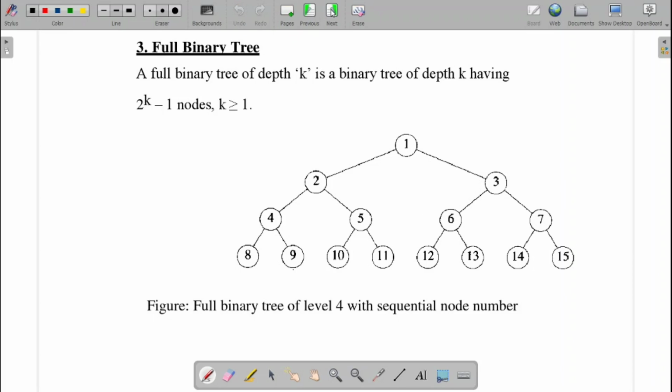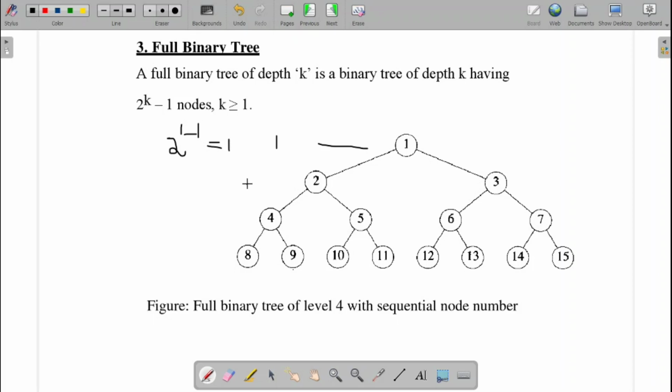Then next one, full binary tree. So the full binary tree means the nodes at each level are complete. If this is my level 1, how many nodes should be there? 2 power of 1 minus 1, which will be equal to 1.